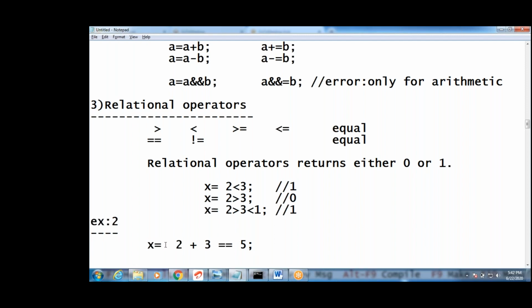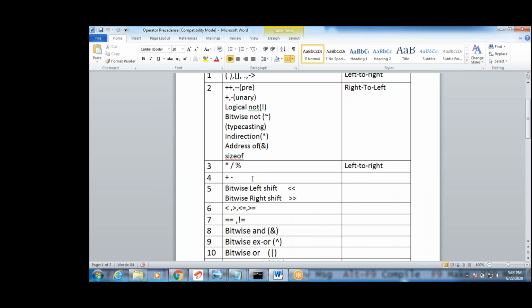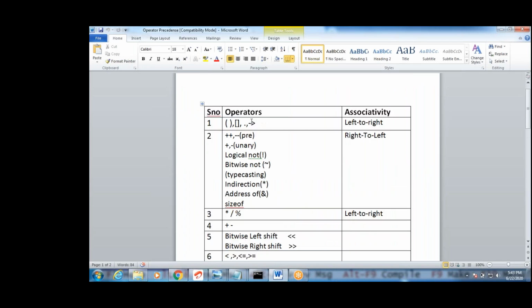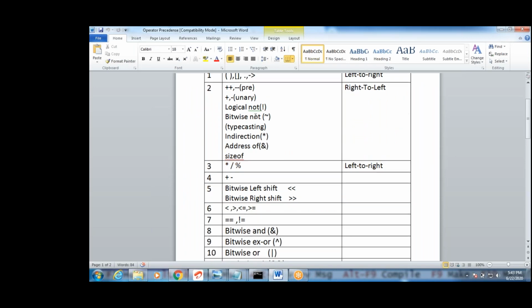If you want to tell the answer, you should know operator precedence. First 2 plus 3 or the comparison? Addition or comparison, you should know. Without knowing that, it is not possible, guys. See this, the operator precedence table. Addition is the fourth one.